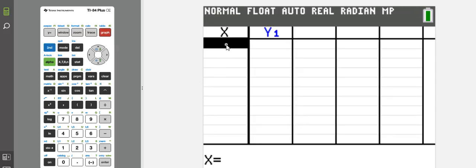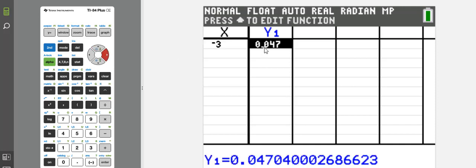Now we're going to put in x values that are getting closer to 0 and find what happens to the y values. Let's start from like -3. You press enter. When x equals -3, the y value is 0.047. You could also use the arrow to find a more accurate answer.